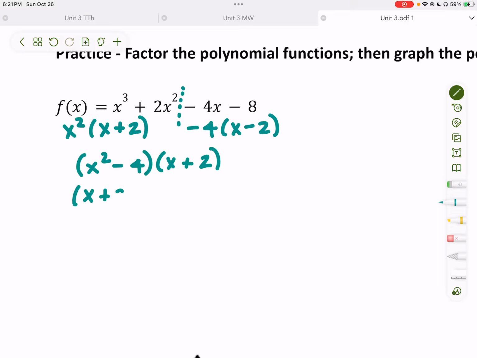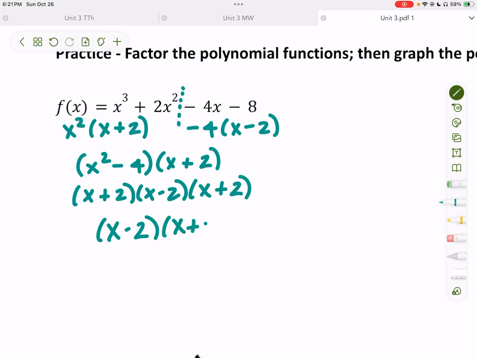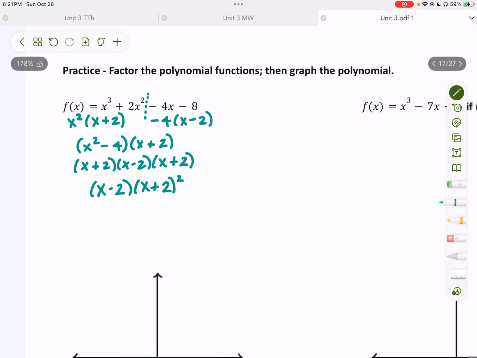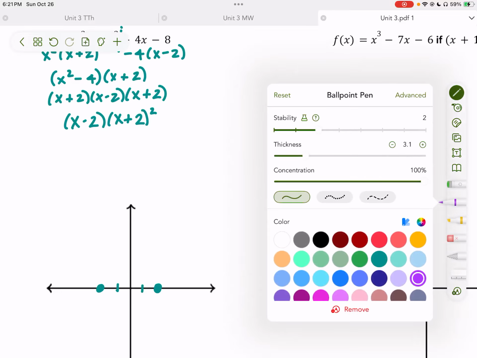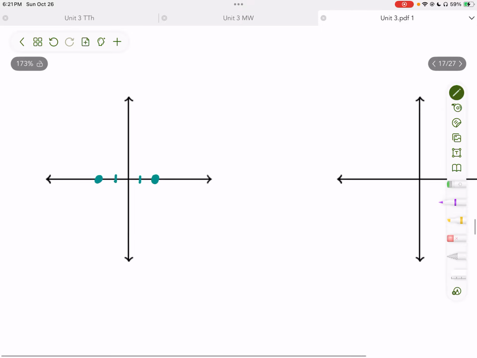This is x plus 2, x minus 2, and then x plus 2. So what I'll write is x minus 2 and x plus 2 squared. So remember, that's a multiplicity. So now I have all my points: 1, 2, 1, 2. My y-intercept is -8. I'll put that down here.